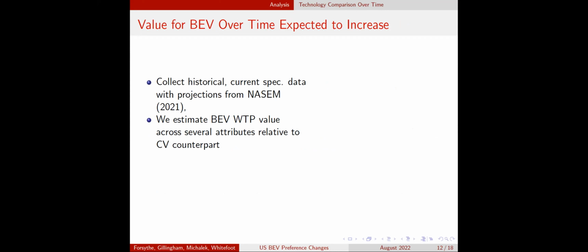And then we combine that with some projections from the National Academy's report that I cited earlier. And we estimate overall willingness to pay, comparing these head-to-head vehicles, incorporating all of our measured coefficients like acceleration and operating cost.